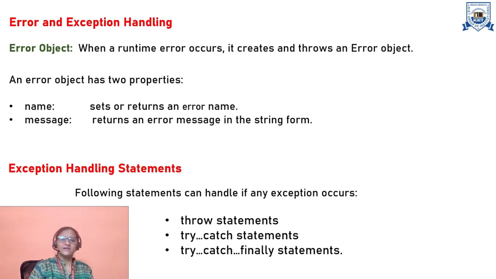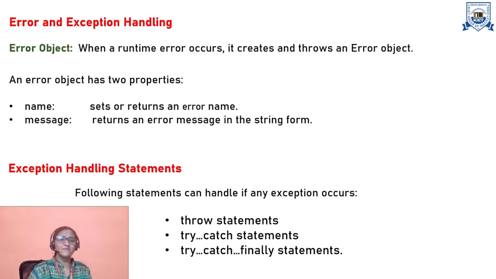Now the error object. If an error occurs, it can be handled, and we need the error object. What is that? When a runtime error occurs, it creates and throws an error object which tells us what has happened, which type of error has occurred.